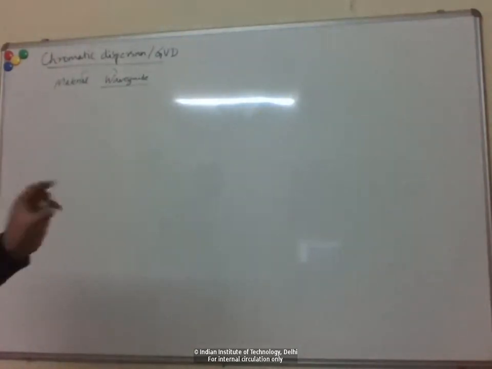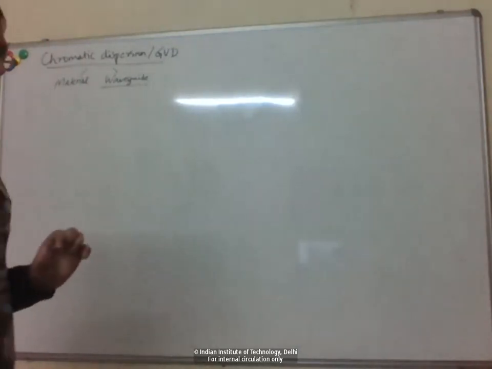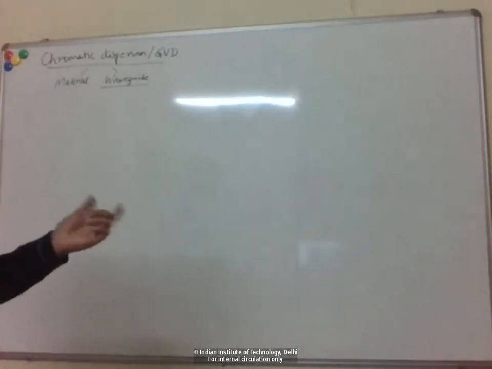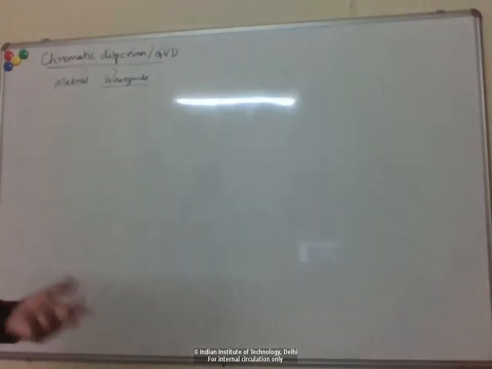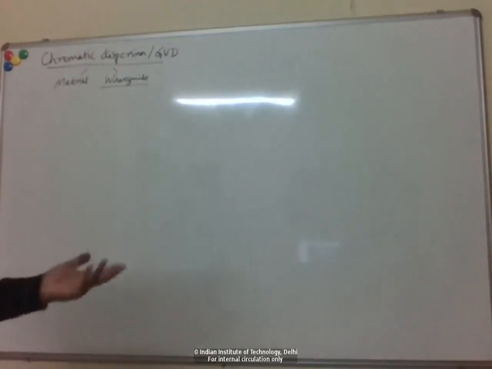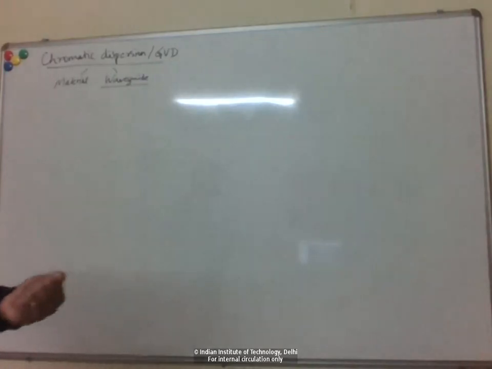Because of this change in the relative proportion of power in the core and cladding, basically the effective index of the mode, right, which lies between the core and cladding, changes a little bit with wavelength, leading to different group velocities for different frequencies of wavelength, right? Even if you consider the refractive indices of the core and cladding to be constant.